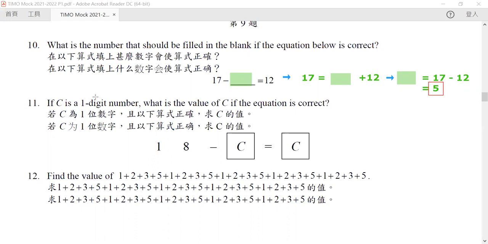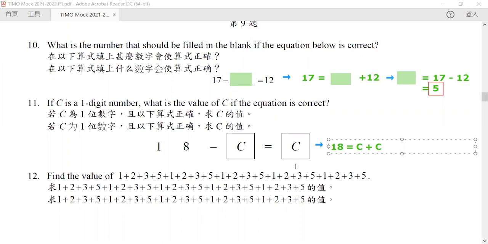If C is a one-digit number, what's the value of C if the equation is correct? Now, just like our last question, we can rearrange this equation in the following way. So we know that our 18 is equal to C plus C.